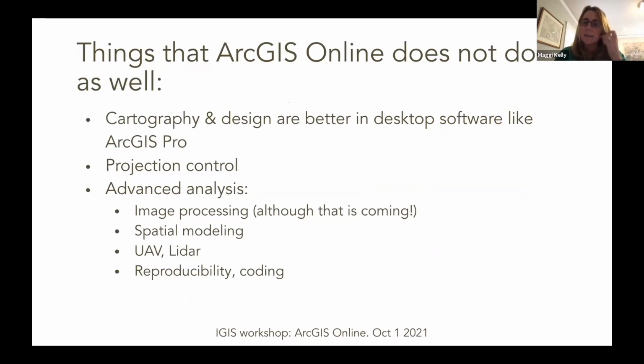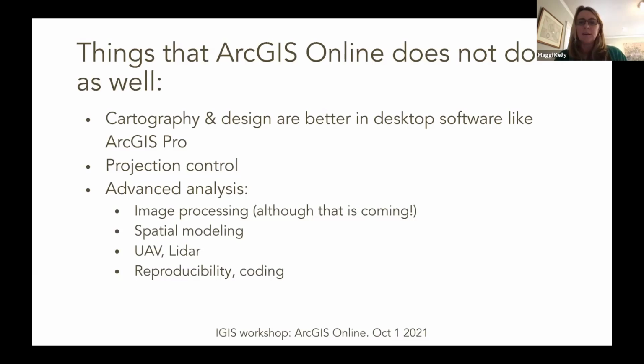But it doesn't do everything. So really, really focused cartography and design are better in desktop software, in my opinion, like ArcGIS Pro. There's not a lot of control on projection, so spatial projections. And if you haven't experienced this, don't worry. It means that you don't have a lot of control about the spatial structure under your data.